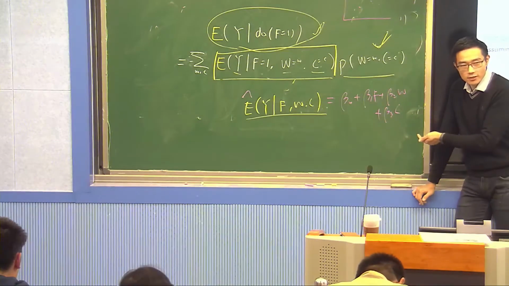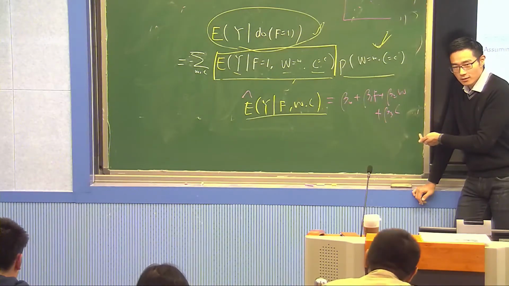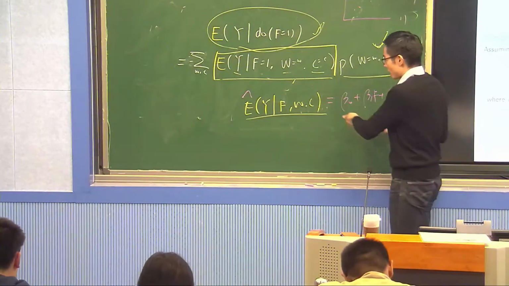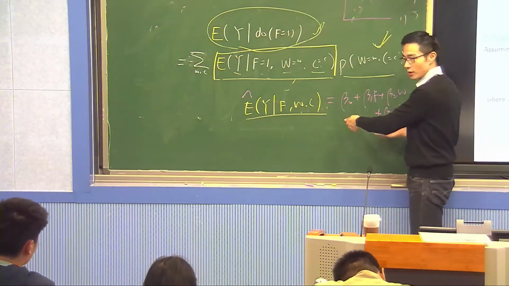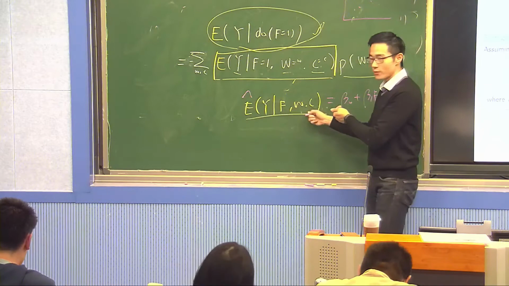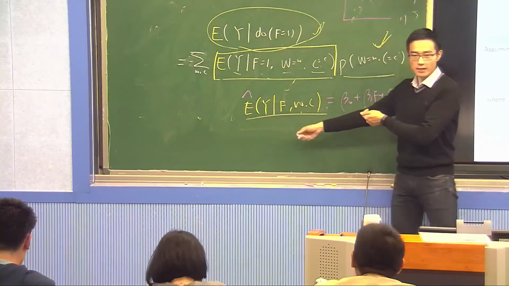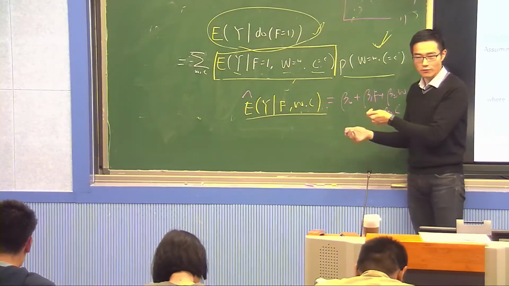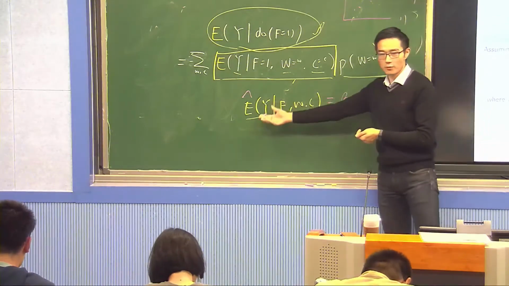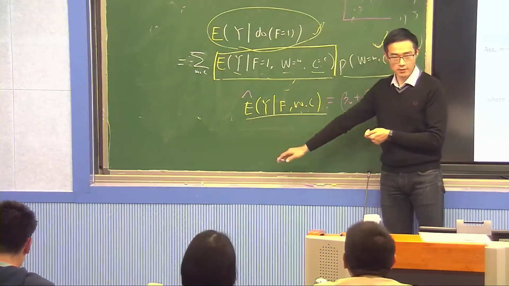And that's your standard econometric model. But of course you don't have to do that. You can use a random forest with variables FWC to predict Y. You can use anything we have learned so far, a neural network, right? Use it to predict Y. It's all good.